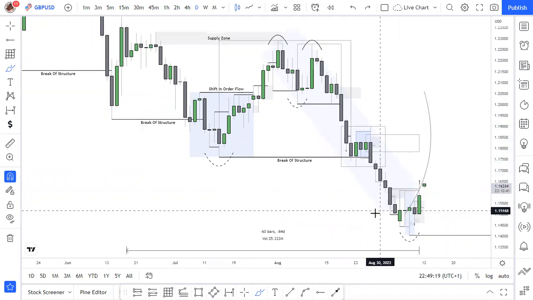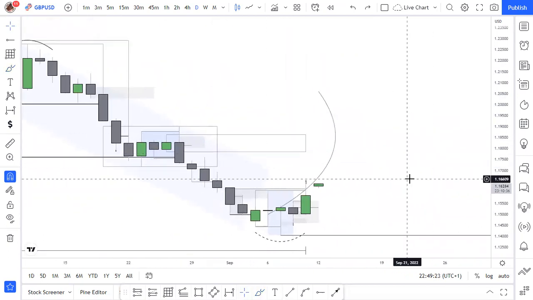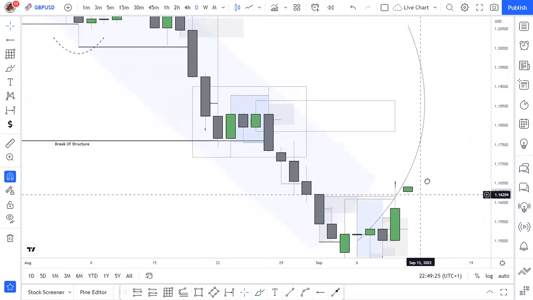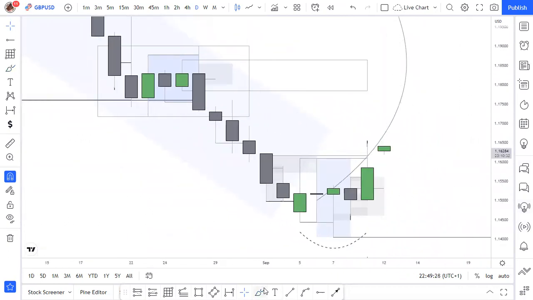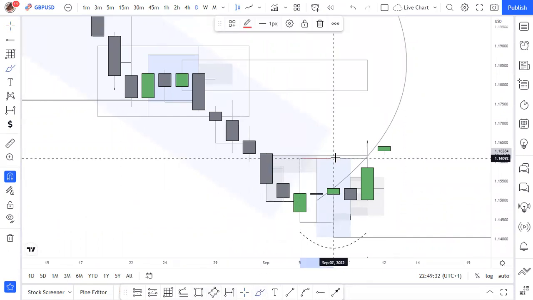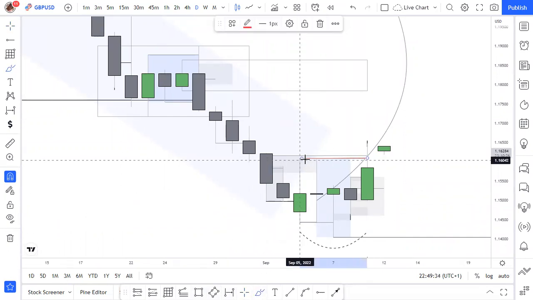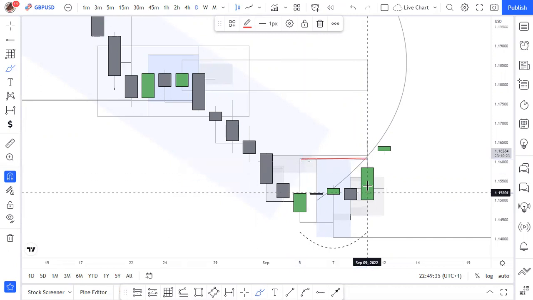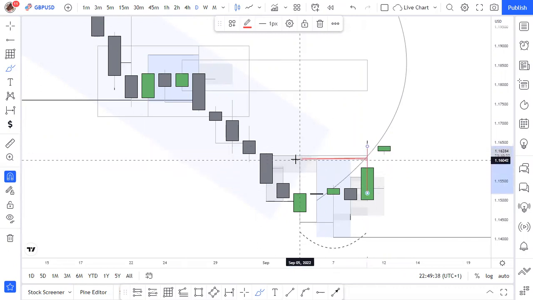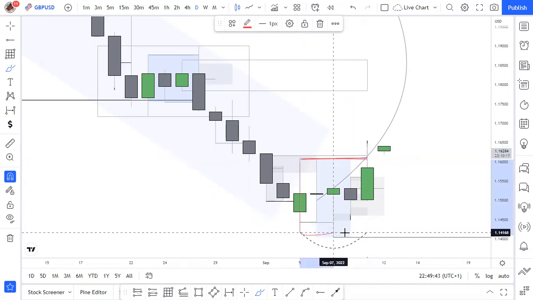On the daily time frame, it looks as if the pullback has already started because we have this shift in order flow here. We have this high here, and price broke above the high on Friday. So we have some kind of bullish shift in the order flow.